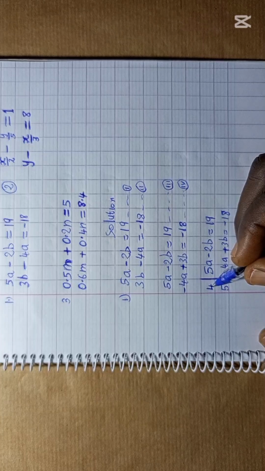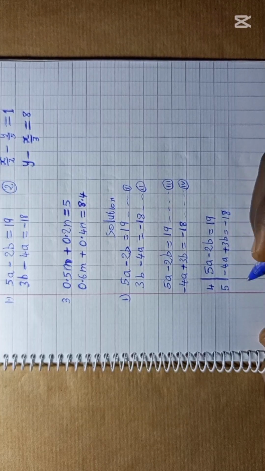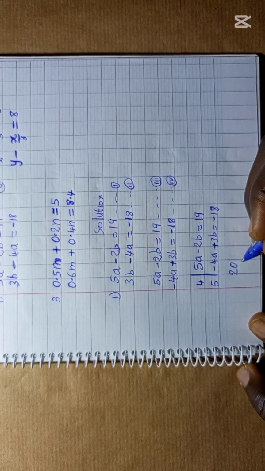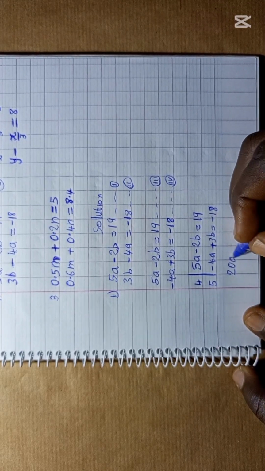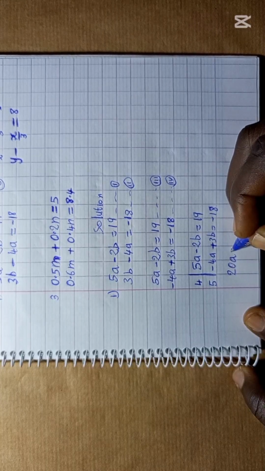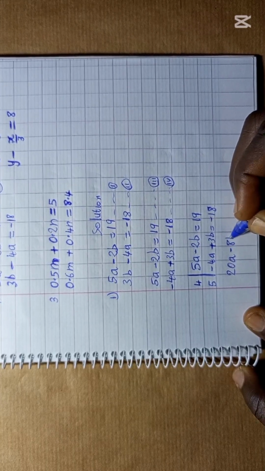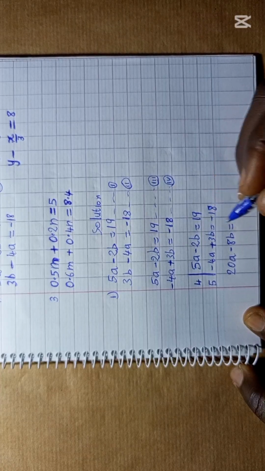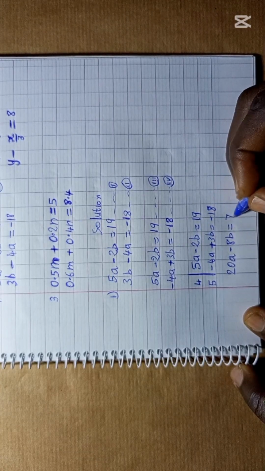Now 4 times 5a, that will give me 20a. 4 times minus 2b, that will give me minus 8b is equal to 4 times 19, that will give me 76.